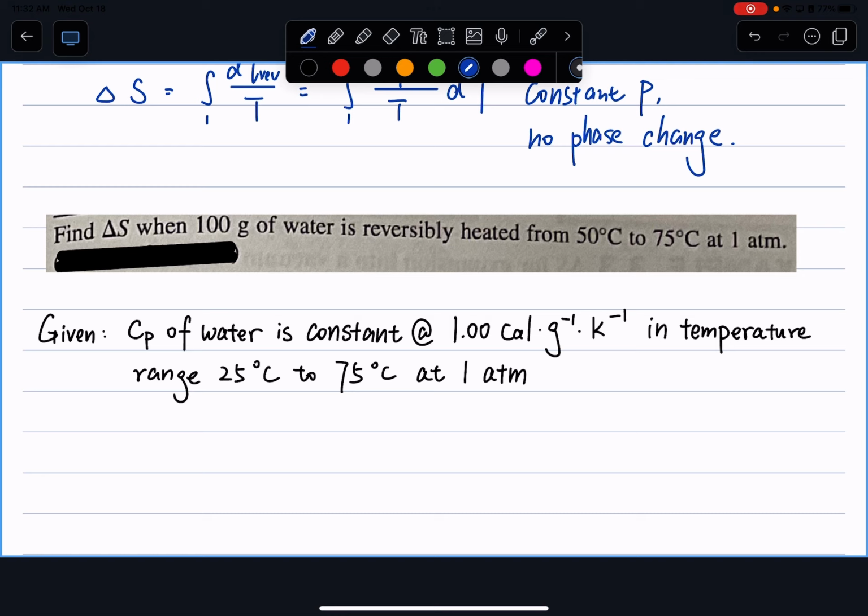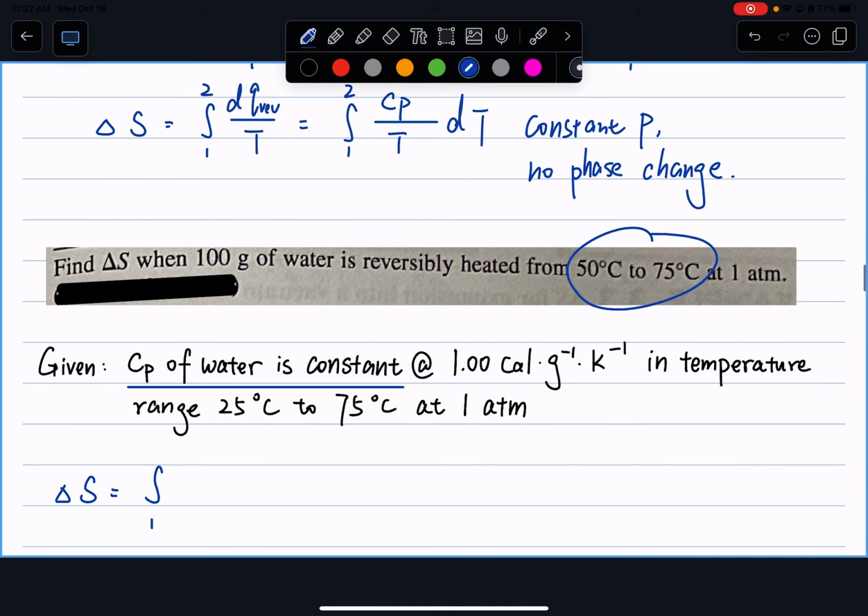So what that tells me is Cp is constant for what we care about. It's 50 to 75, that's within the 25 to 75 range, so we can assume Cp is a constant. So our delta S, which we derived above as the integral from 1 to 2 of Cp over T dT, becomes Cp times the integral from 1 to 2 of 1 over T dT.